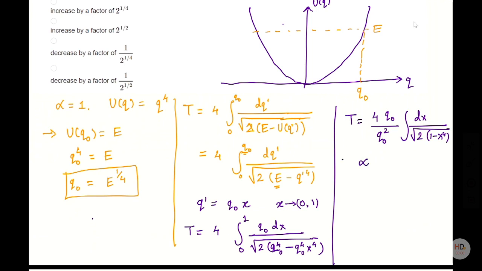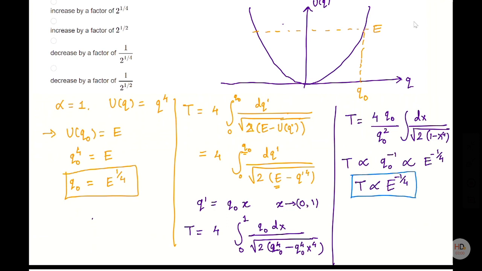So t is proportional to q0 raised to minus 1, and since q0 itself is proportional to E to the power 1/4, this is proportional to E to the power minus 1/4, right? So t is proportional to E to the power minus 1/4.